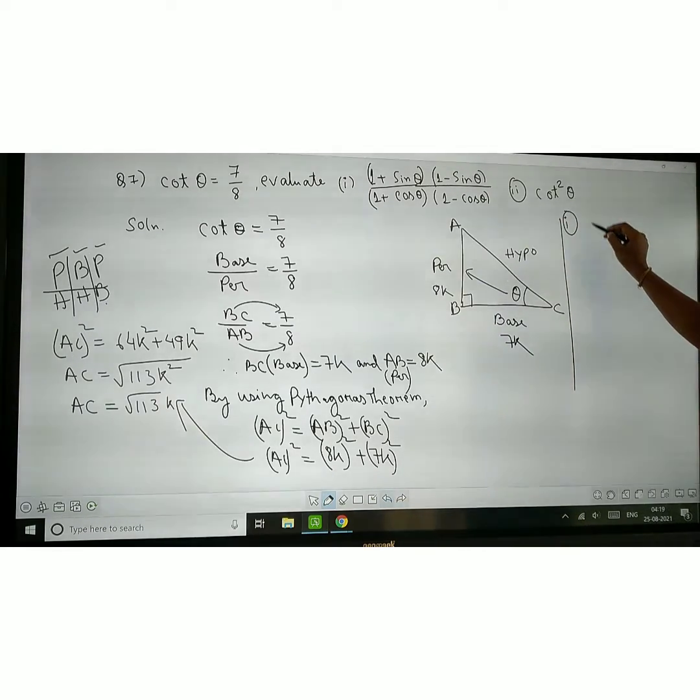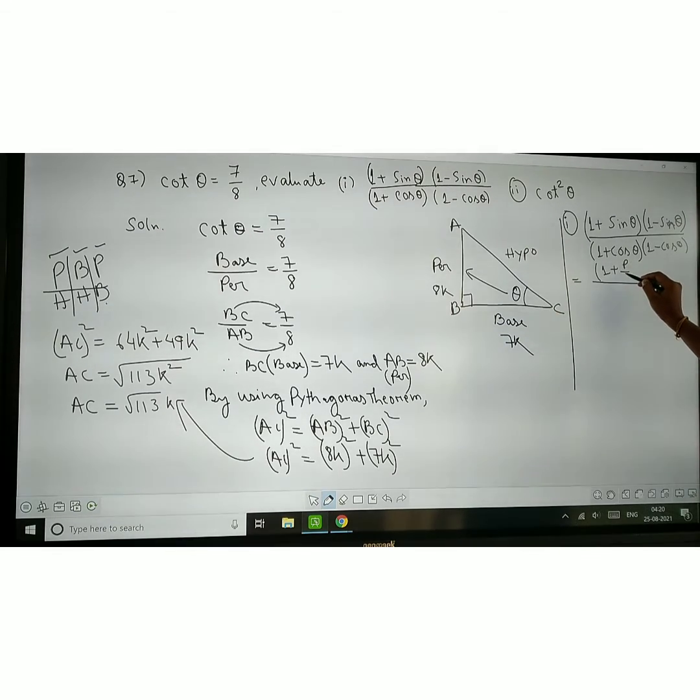1 plus sin theta, 1 minus sin theta by 1 plus cos theta, 1 minus cos theta. 1 plus, what is the formula for sin theta?